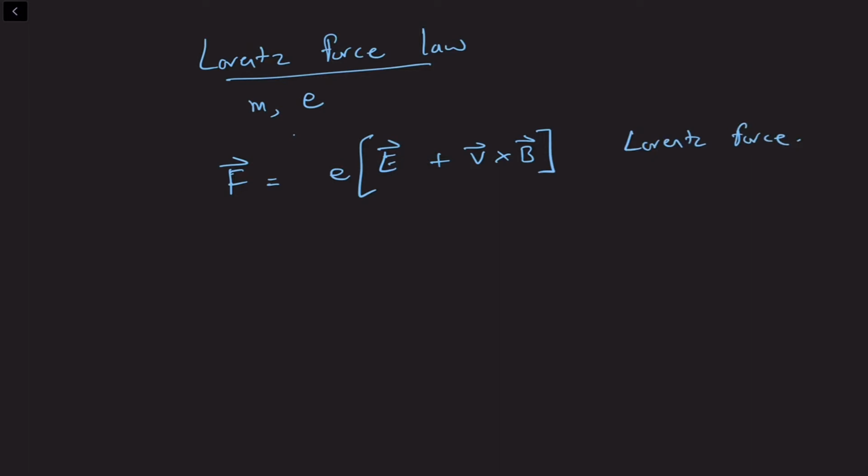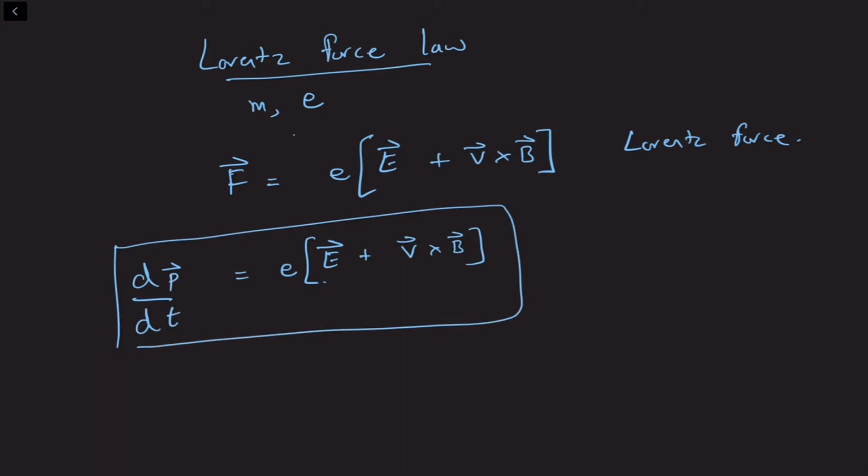And in Galilean relativity, we would say that this force produces an acceleration of the particle, or a change in momentum, through this equation. So the force would lead to a change in momentum.